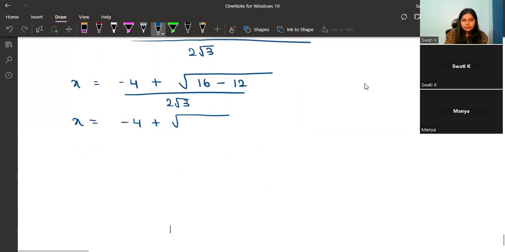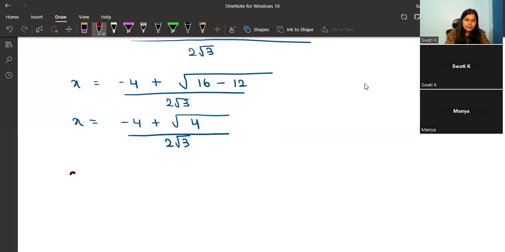You can just subtract 6 and 2. 1 minus 1 will be 0 only. So 6 minus 2 is 4 upon 2 root 3. Clear?